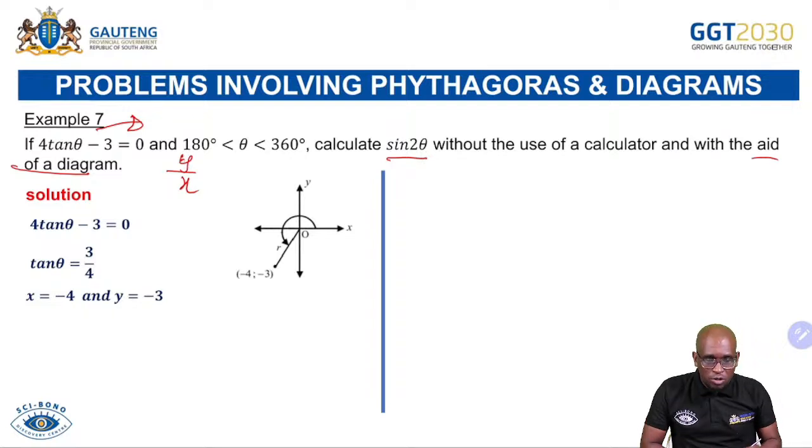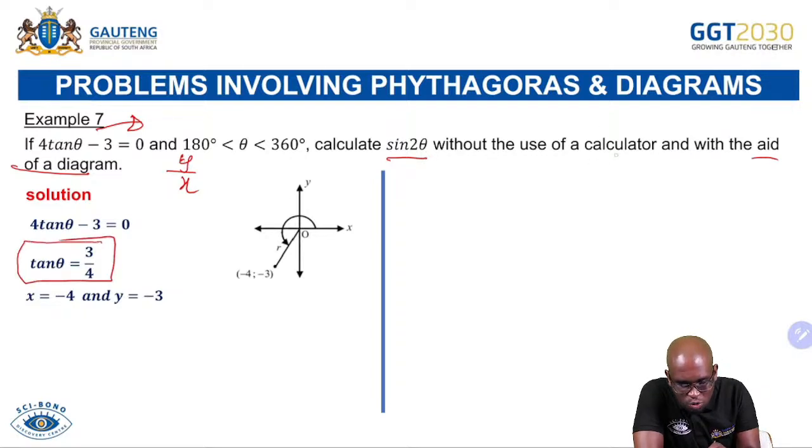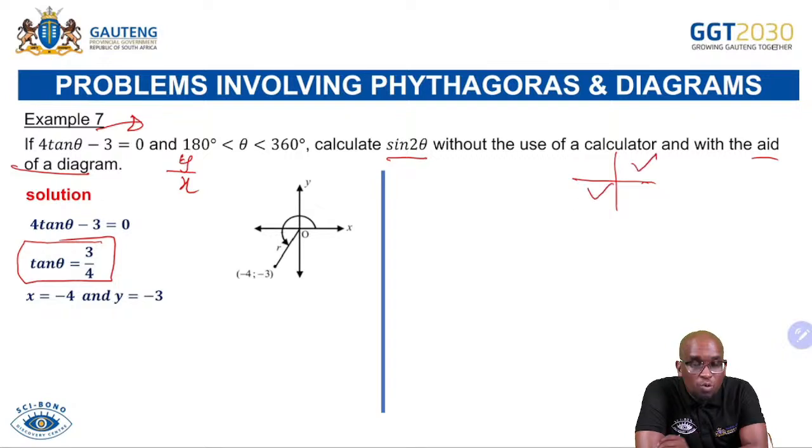When we draw the diagram, how are we going to draw it? We can see that here, tan is positive. So we're going to locate where tan is positive. Tan is positive in the first and the third quadrant. And then we are told theta is greater than 180 degrees but less than 360, which means that theta is now here or there.